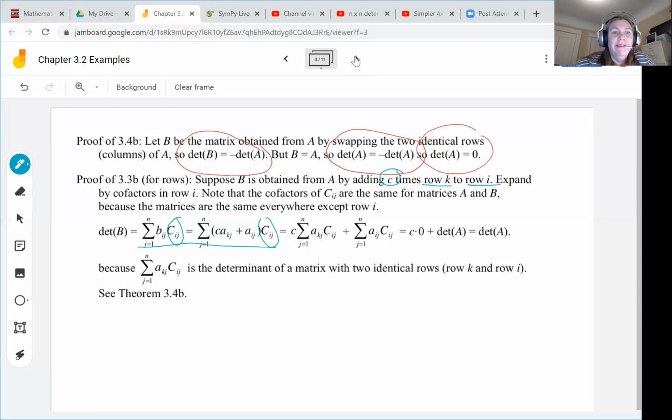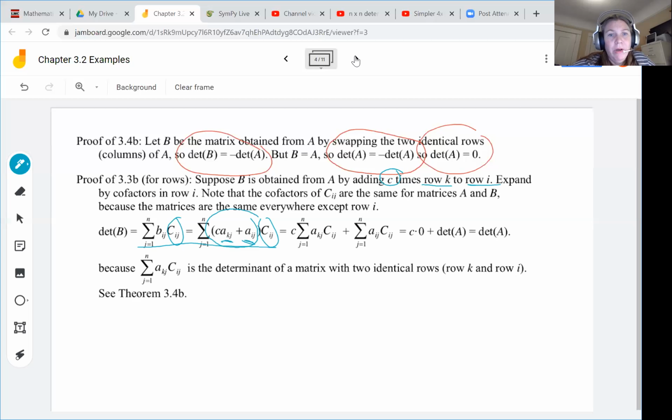So then we can say the determinant of B is going to be the coefficients of B multiplied by the cofactors, and we can expand B out here to just be c, our constant, times row k's entries, where j indexes the columns, plus the coefficient value for row i.